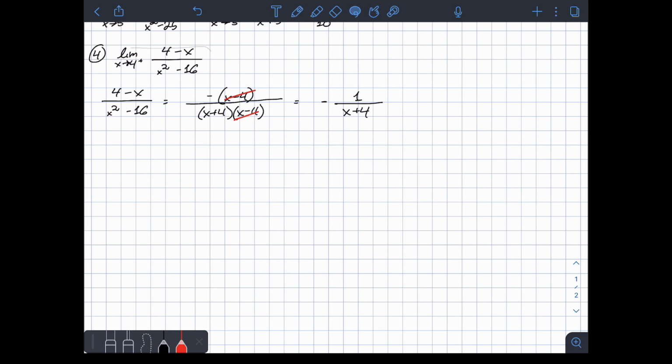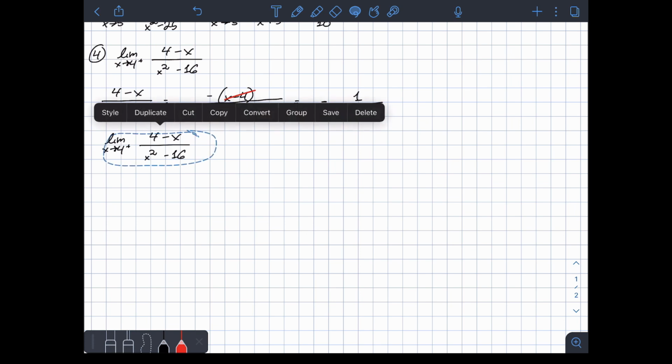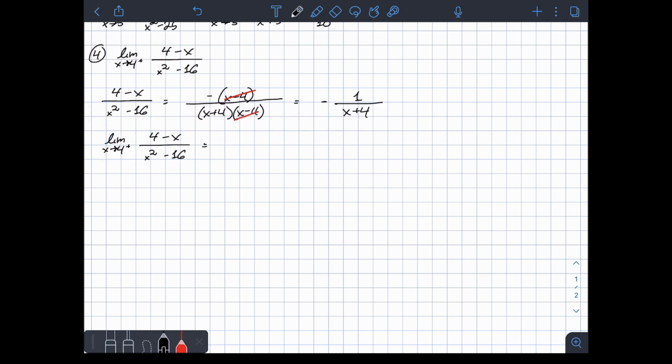That will help us out over here, so duplicate that. This is equal to the limit as x approaches 4 from the right. Just put the negative up there to make this a little easier to read. And we'll just plug in the 4, so we'll get negative 1 over 8.